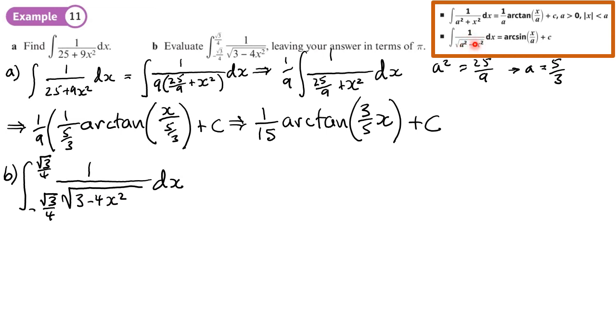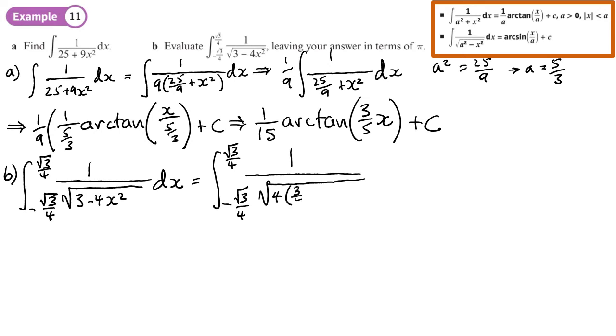Again, the coefficient of x squared can only be 1 for us to use this result, which means taking out the 4. So we take the 4 out. Yep, so 4, and then in brackets 3/4 minus x squared.